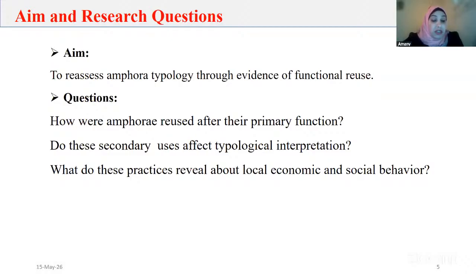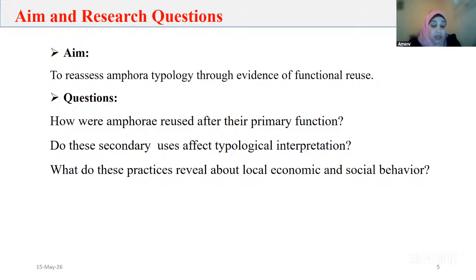The aim of this study is to rethink amphora typology through evidence of reuse. Instead of focusing only on classification, I focus on what happens after the first use. I address three main questions. First, how were amphora reused? Second, does reuse affect typology?